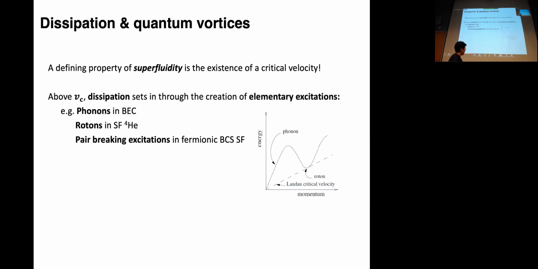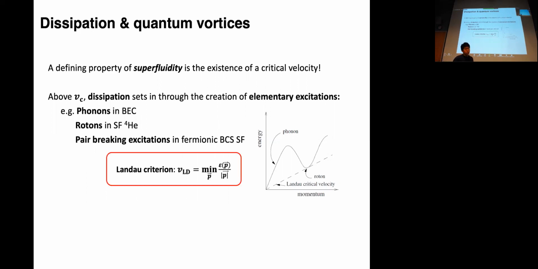And the framework that we think about the critical velocity is laid out by the Landau criterion, where Christoph has really given a very detailed and wonderful description. And to keep things short, it's essentially just a restatement of energy conservation and momentum conservation in the context of Galilean invariance.